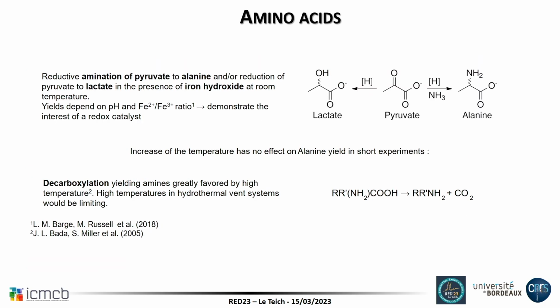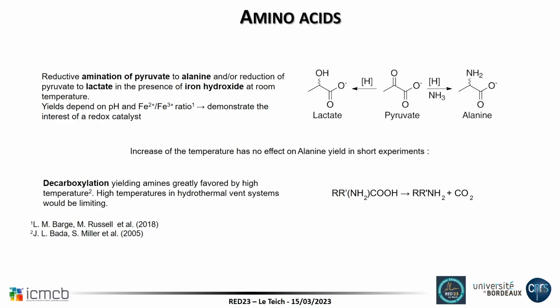So amino acid can be made also from a different reaction of pyruvate with ammonia to form alanine, if you reduce with hydrogen. In that case, it was demonstrated that the increase of temperature has no real effect on the yield when you run short experiments, which could be representative of the conditions we are investigating.